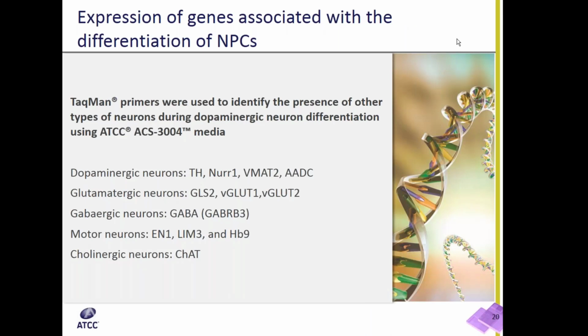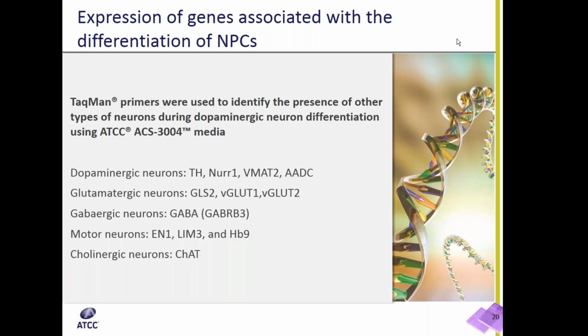So we looked at the differentiation potential of ATCC neural progenitor cells via immunocytochemistry and reporter expression. We wanted to confirm those data by looking at the gene expression of neural progenitor cells after differentiation using our dopaminergic neuron media. In addition, in the natural in vivo environment, many different types of neurons can be formed from the same growth factors that are in our dopaminergic media.